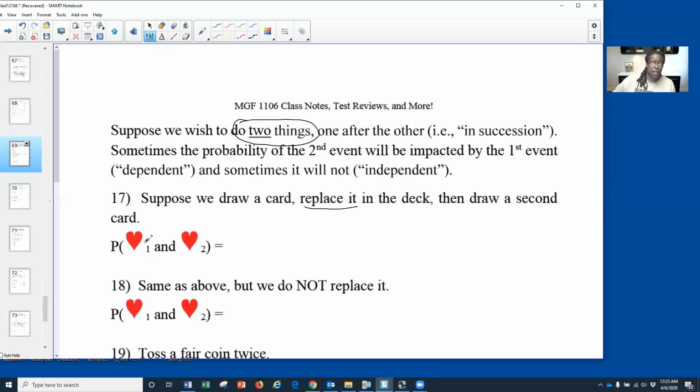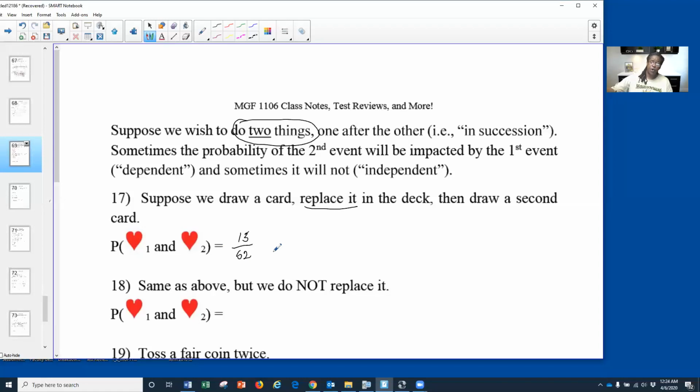Here we go. So now, here we are looking at the probability of this first event happening. How many hearts did we have in the deck again? Yeah, 13, right? So the probability of us pulling a heart would be 13 out of 52. Now, if I put the card back in the deck, I still have 52 cards in the deck.